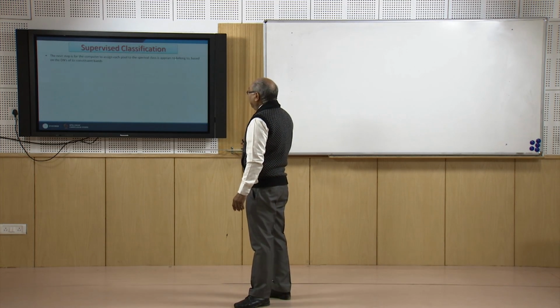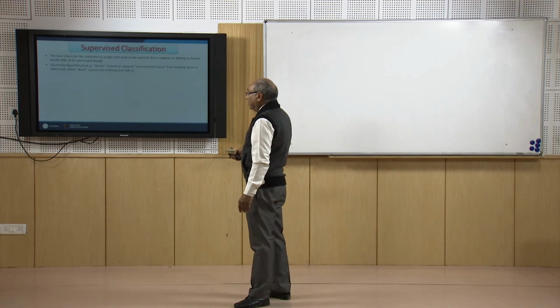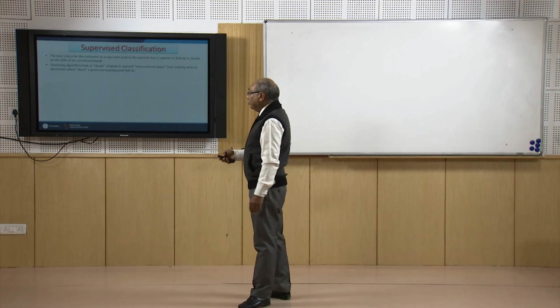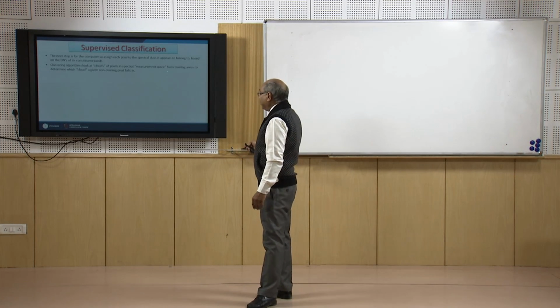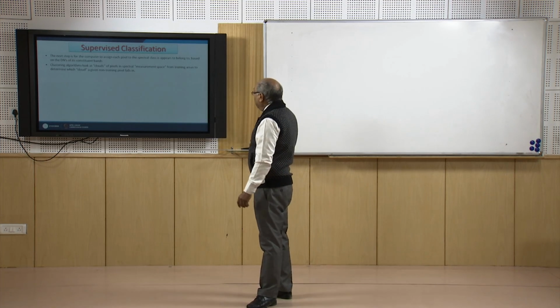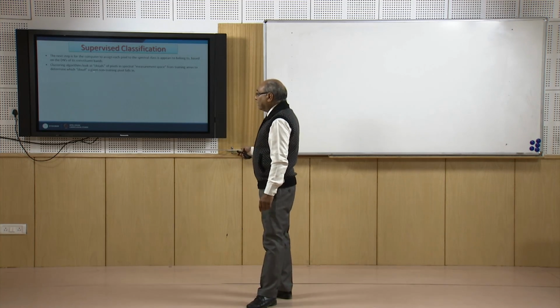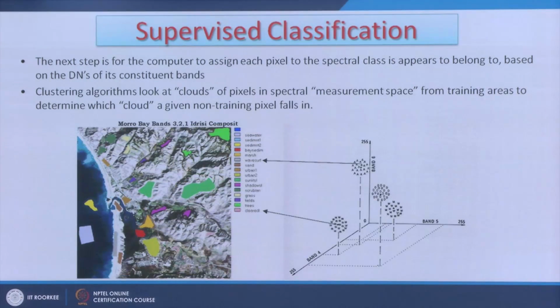So after the training sets, the next step is for the computer to assign each pixel to the spectral class it appears to belong to, based on the digital numbers or pixel values of the bands which are being used. And clustering algorithms look at clouds of pixels in spectral measurement space, that is in 3D space, from the training to determine the cloud or the clustering for given training samples.